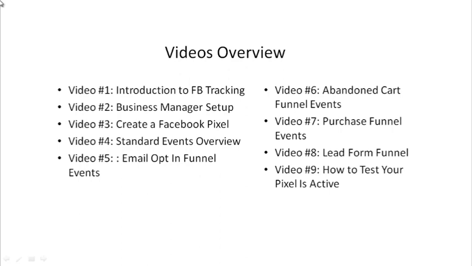And we'll go into that in terms of how many pixels you'll need and more. Video number 4, we'll talk about standard events overview, giving you a brief idea of what standard events are, why you need them, and how you can place them.